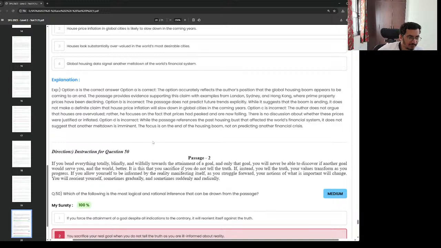Then, if you pursue everything totally blindly, you will fail towards that element of the goal, and only that goal you will never be able to discover if another goal would serve you and the world better. This is the sacrifice where you do not tell the truth. So basically, you should tell the truth.